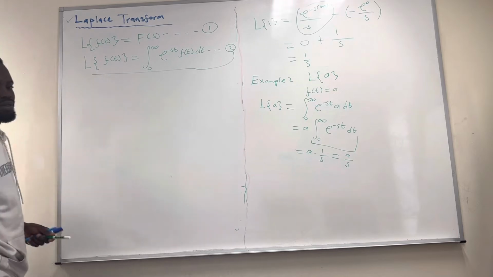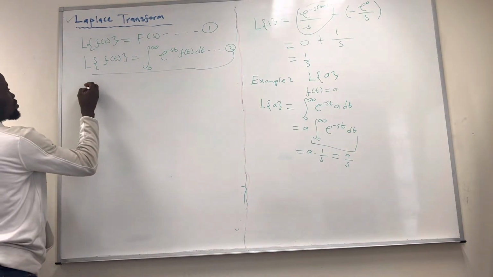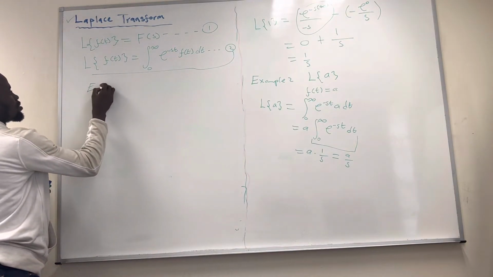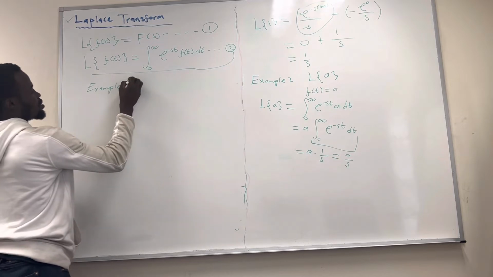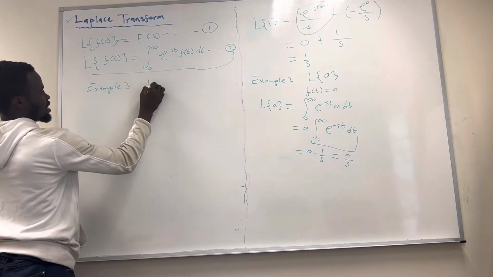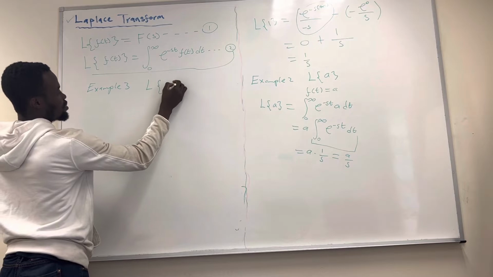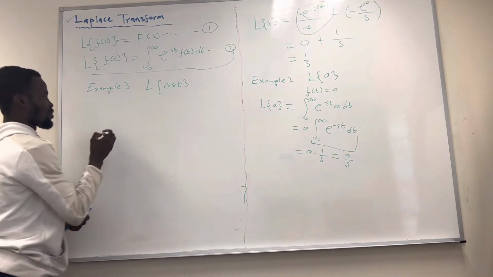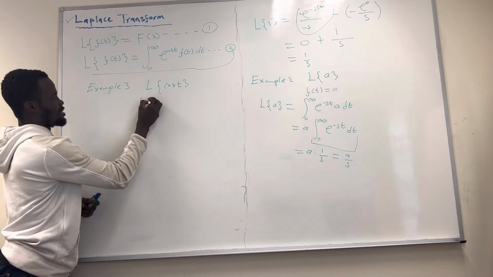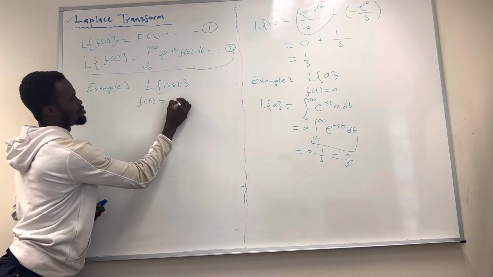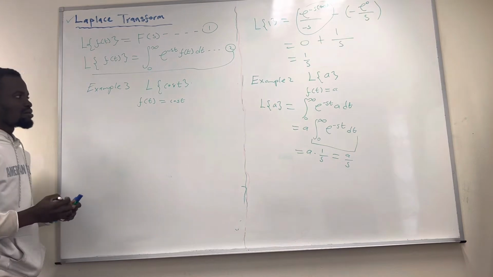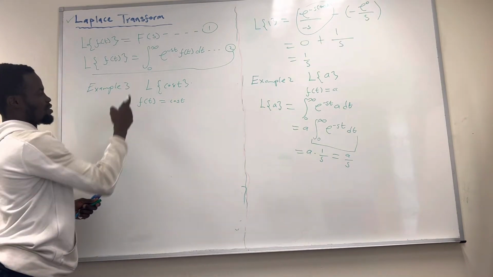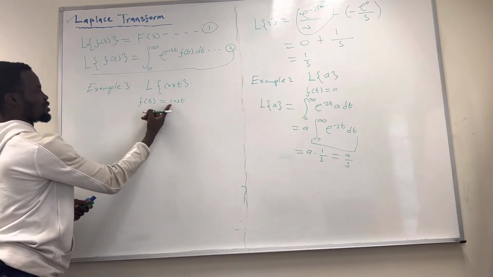Okay, so let's find the Laplace transform of cos. Example 3. Laplace transform of cos t. Okay, so here our f of t is equal to cos t. Now we go back to equation 2, where we see f of t, we put in cos t.